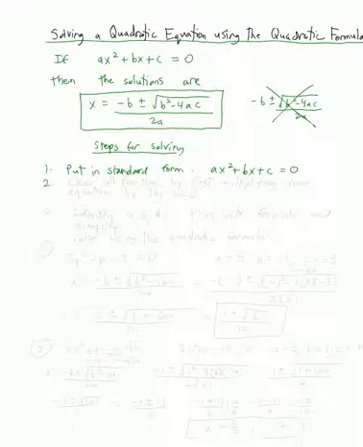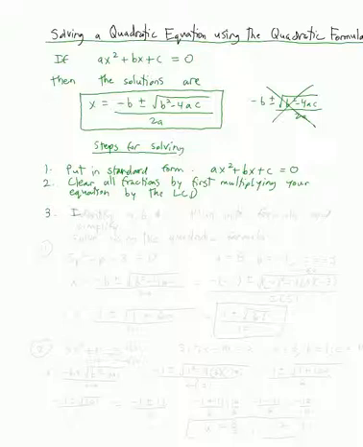Step two, also, clear all fractions by first multiplying your equation by the LCD. Now, you don't usually have fractions, but when you do, that's how you're going to get rid of them. You don't want to stick fractions into that formula. Trust me. It's going to get really ugly really fast.